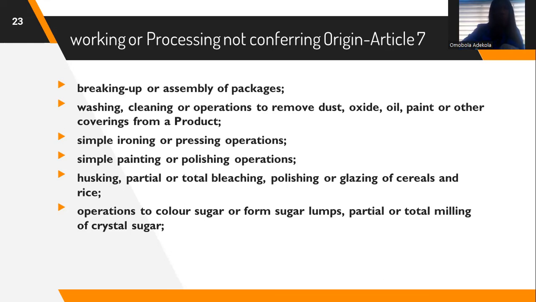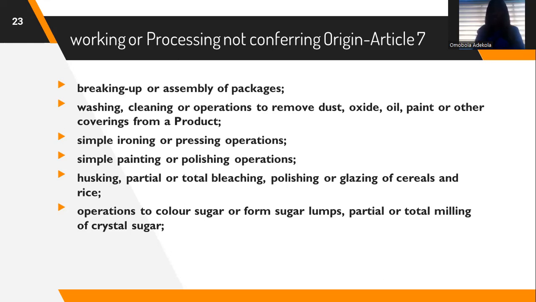You can imagine if you are washing, cleaning, or carrying out operations to remove dust, oxide, oil, paint or other coverings, maybe on a carpet or rug. Maybe you are providing that service to another individual or a company from Ghana, and they just want you to wash and clean it. That's not sufficient transformation work.